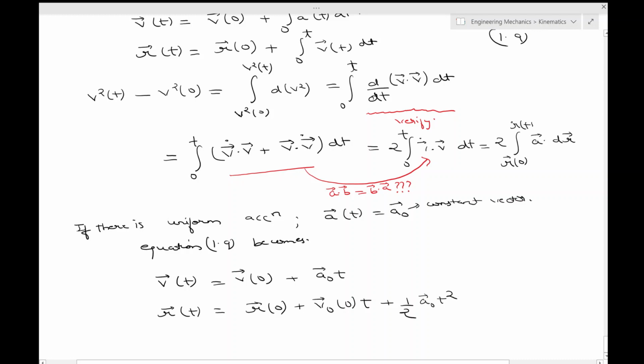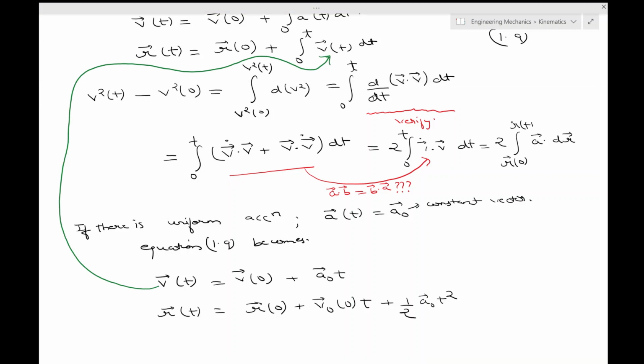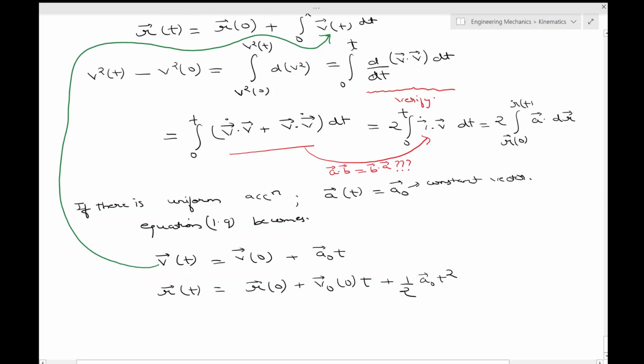How would this come in? You have to substitute this definition of velocity over here, then you will be able to get this. And please do that, don't skip ahead thinking it's too easy.